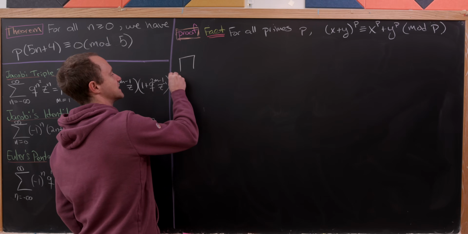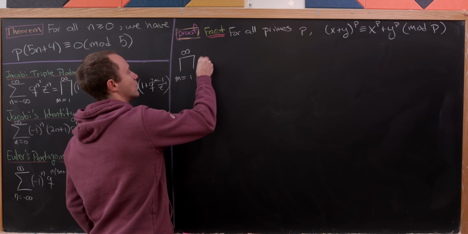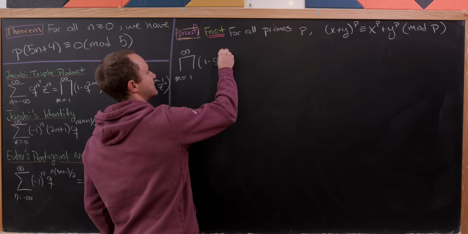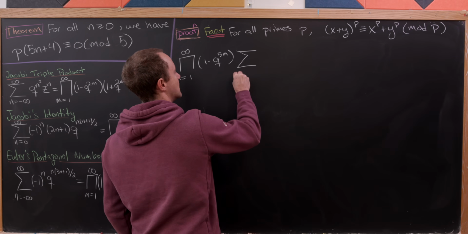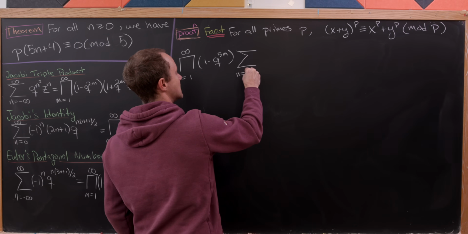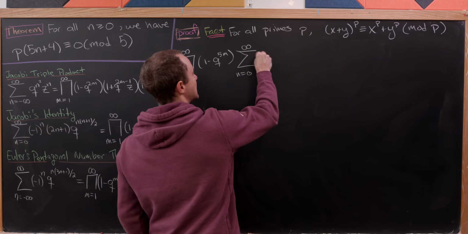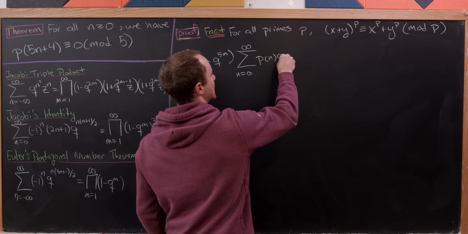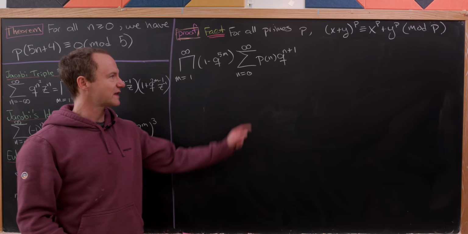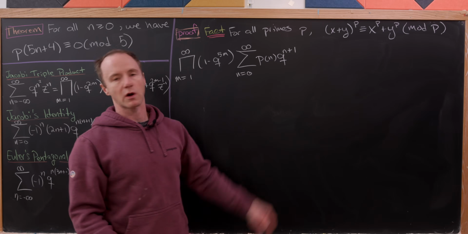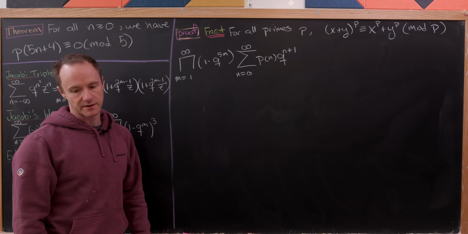So we're going to start with this product as m goes from 1 to infinity of 1 minus q to the 5m times the sum as n goes from 0 to infinity of p of n times q to the n plus 1. So that's just the partition function where we've multiplied by q, and then there's this infinite product right here.